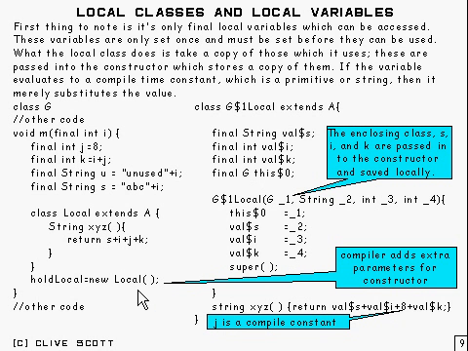Now, pretty obviously, the compiler is also going to do a bit of transformation on this instantiation of local that takes place there. So that call to the constructor is going to have some extra parameters put in.